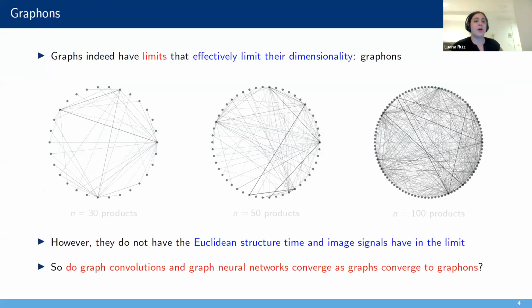So what is fortunate is that graphs indeed have limits that effectively limit their dimensionality. There are many models that people have assumed. Here I focus on graphons. And here on the slide, I'm just exemplifying how, even in the real-world setting, even when we're far away from these models, we do see that as we increase the number of nodes, here in the case of the product similarity network, the number of products, there's some overall convergence of the global and local graph structures.